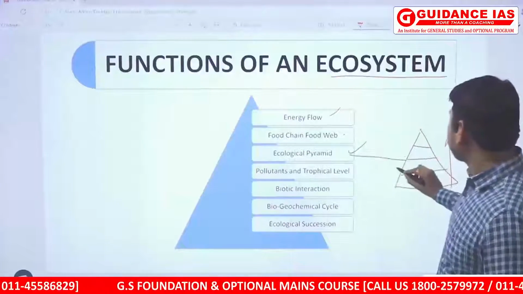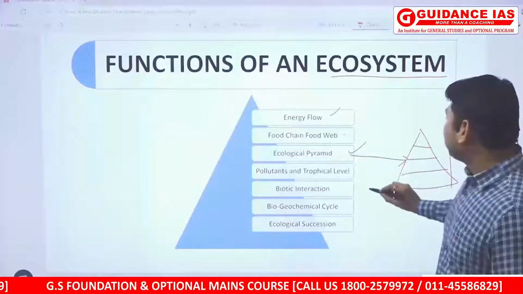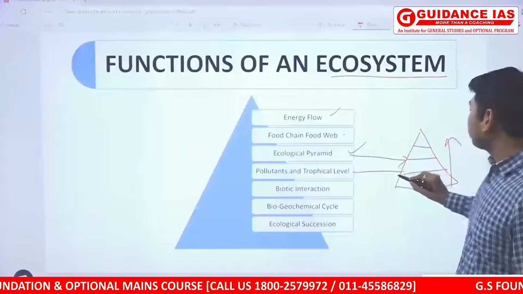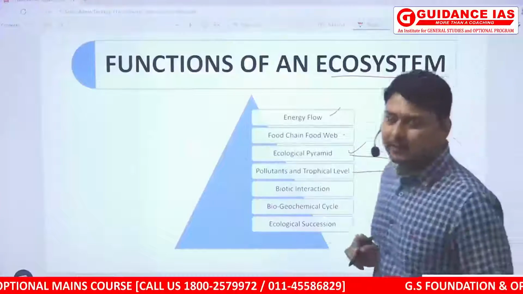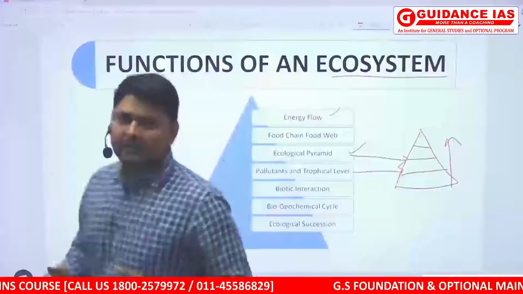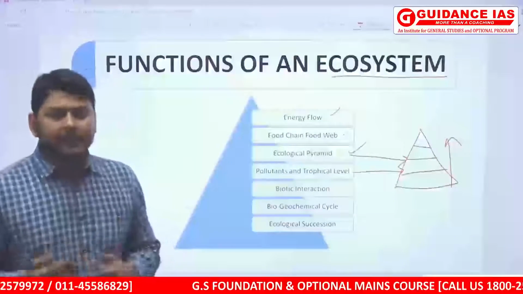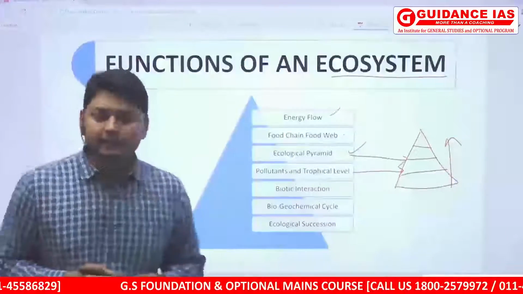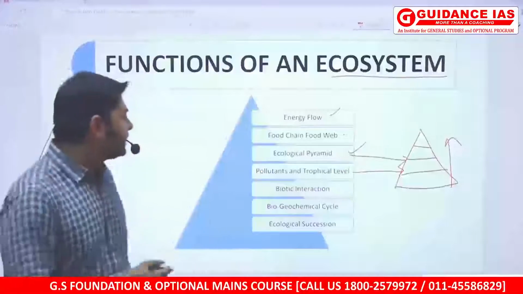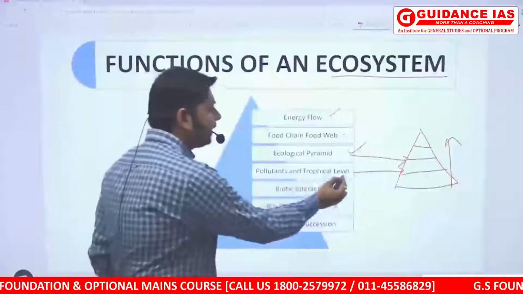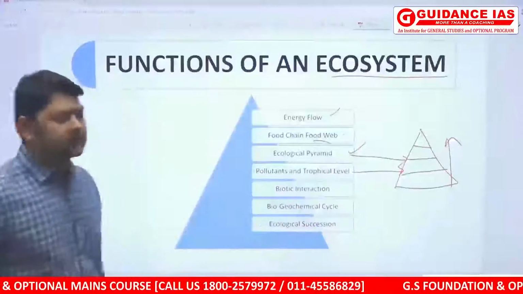This pyramid consists of different trophic levels, like how they eat and how they live in that environment. So they basically form a part of a food web and an ecosystem.